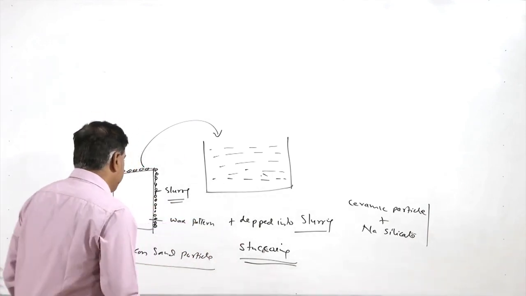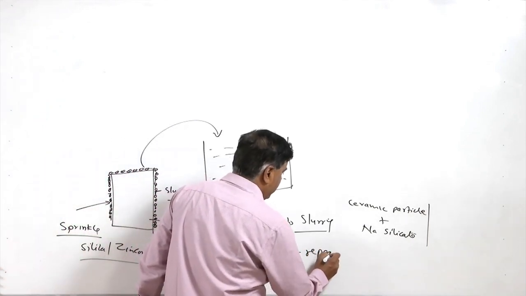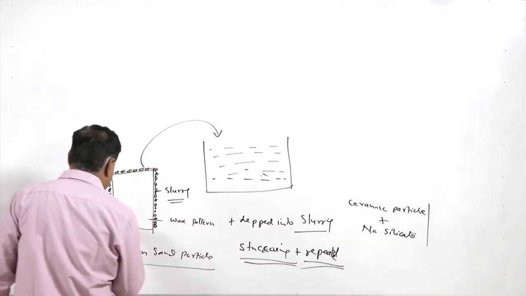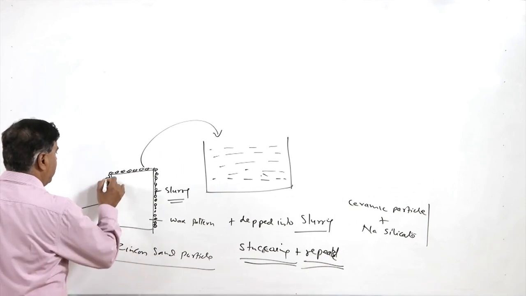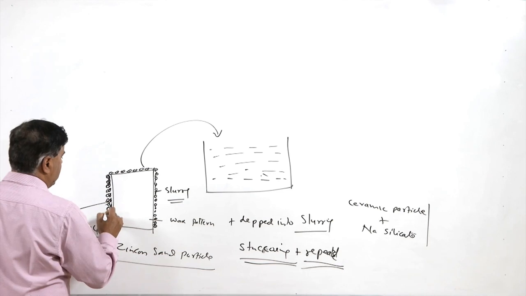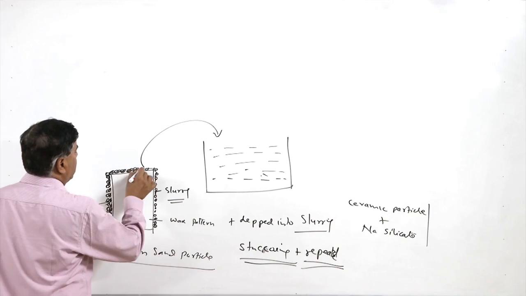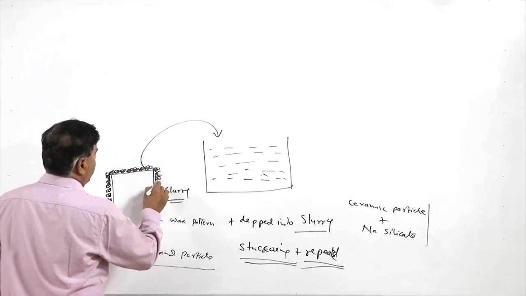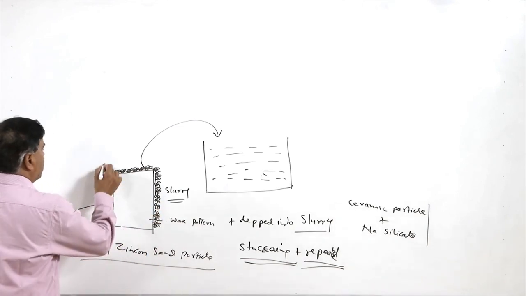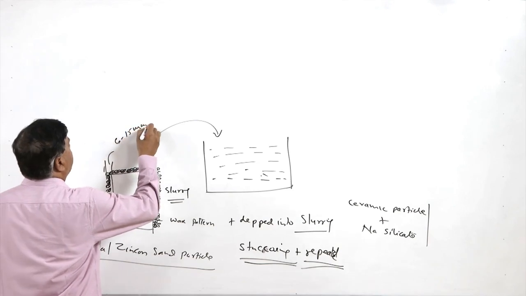This is repeated until we get a layer of silica grains over the wax pattern of sufficient thickness, in the range of 6 to 15 mm.